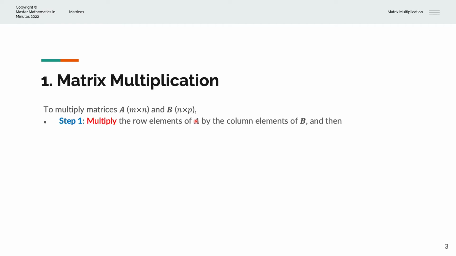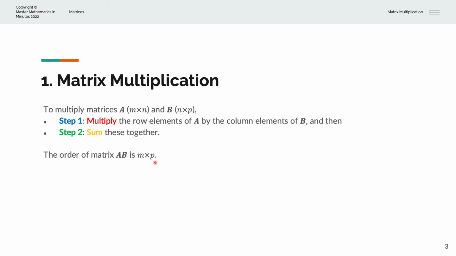Step 1 is where we multiply the row elements of A by the column elements of B. And then the second step is where we sum these together. And the order of the matrix A times B is m by p.